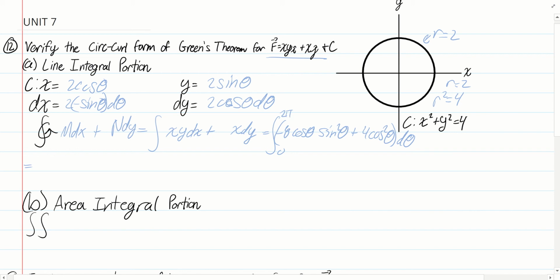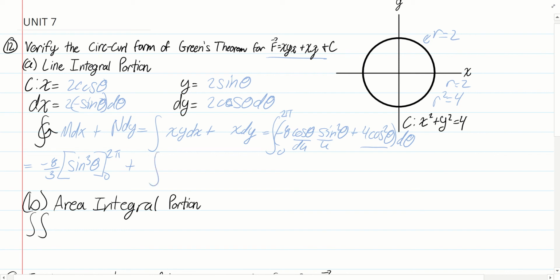So when we solve for this, we can make this our u and this our du. So the first integral is going to be negative 8 over 3 sine cubed theta from 0 to 2 pi. Before we can integrate this second term, we must substitute in the half angle formula.